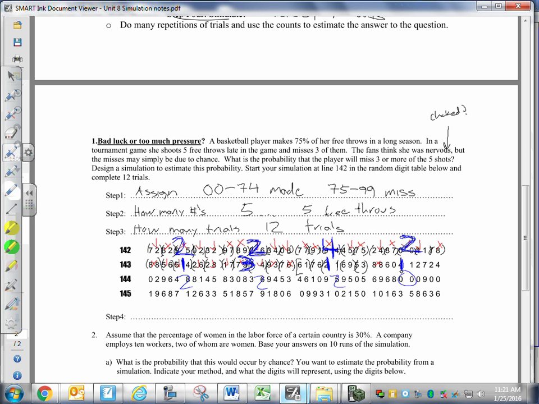Okay. So we just did this simulation. And out of 12 total 5 free throw trials, how many of them missed 3 or more? Only 2. 2 out of 12 missed 3 or more.